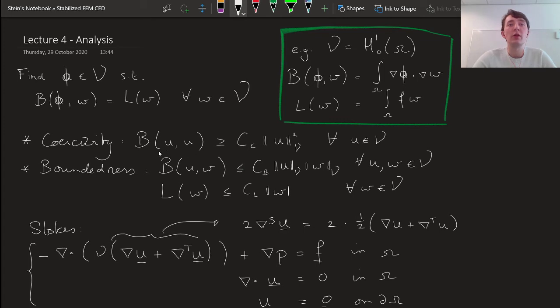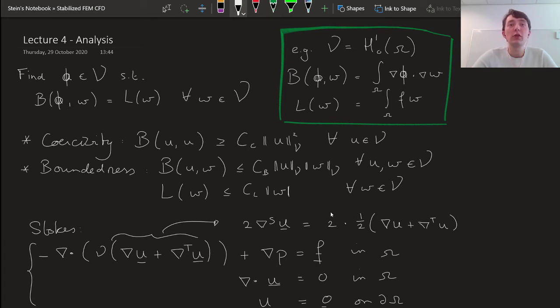That if I substitute my same solution field in both slots of my bilinear form, then it's always going to be larger than some constant multiplied by the norm of that function squared, in whatever norm is relevant to my function space V, right? And similar requirements for the boundedness. Now, for the advection diffusion equations, we're going to do this to a high level of detail.